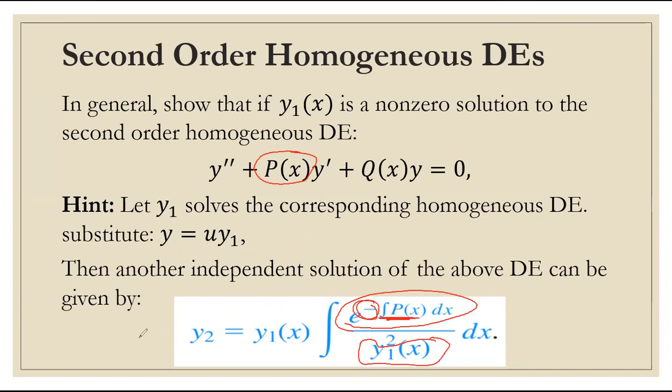When can I use this relation and why am I going to use it? I can use it if my equation is homogeneous and the coefficient of y double prime is 1, and don't care about the coefficients of y prime and y, because those can be functions.